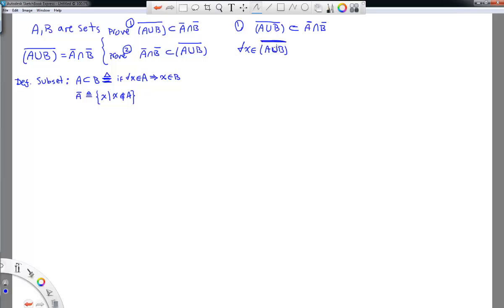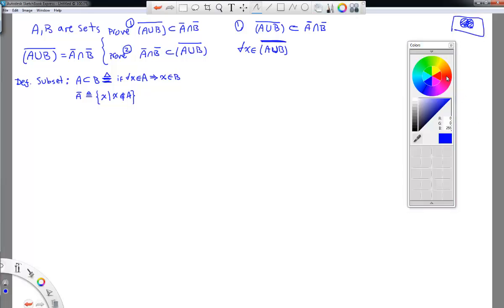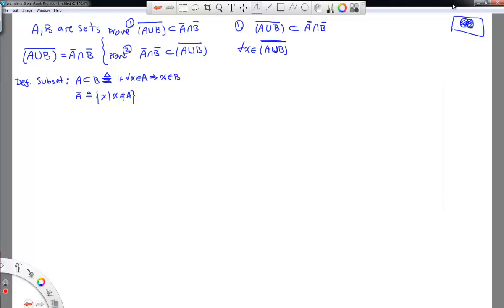So if I have an element that is in the complement of the union of two sets, let me draw it here for you to see. If you have the union of two sets, which is this, its complement is everything that's not in it, right? So its complement is all these red areas out here.